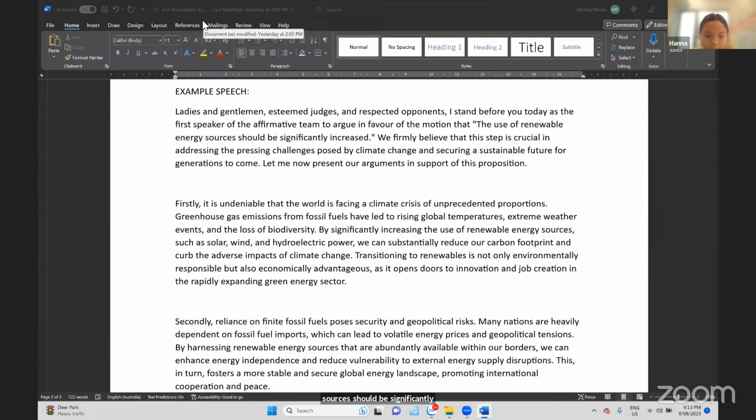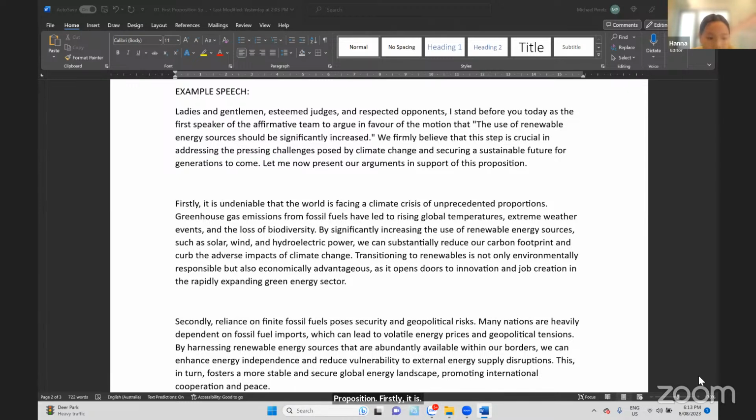We firmly believe that this step is crucial in addressing the pressing challenge posed by climate change and securing a sustainable future for generations to come. Let me now present our argument in support of this proposition.